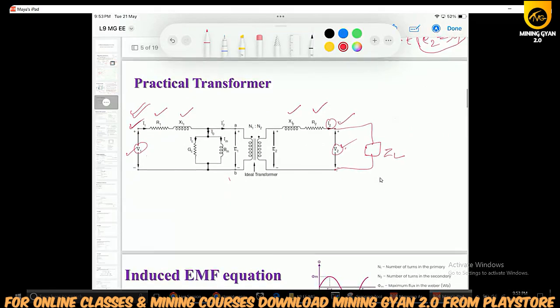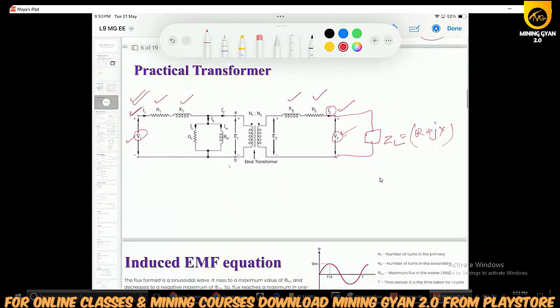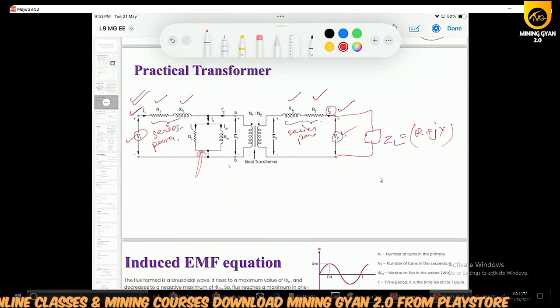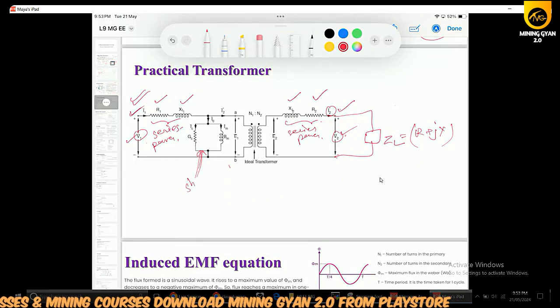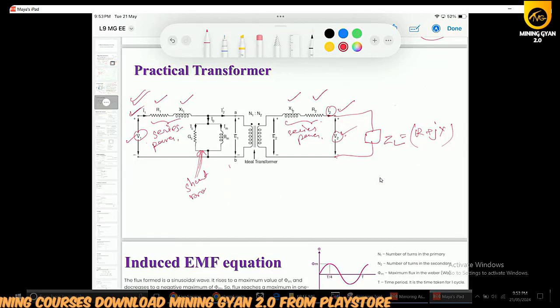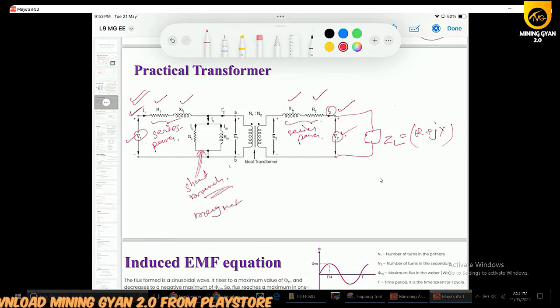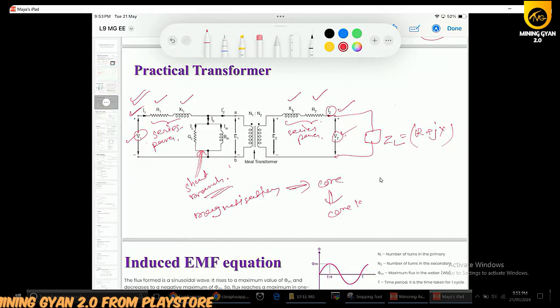The load will be R plus jX, right? And this branch is called the shunt branch. These are the series branches, or series parameters, at the primary side and the secondary side. But the shunt branch is related to magnetization, the iron core, or core losses.